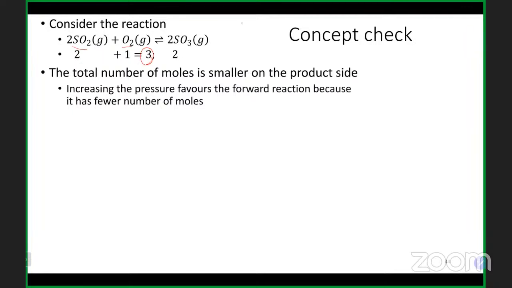So if we increase pressure, that means we make the volume smaller. If you increase pressure, the side with the smaller number of moles would be favored. And why is this so?